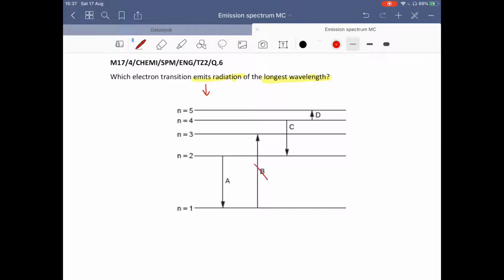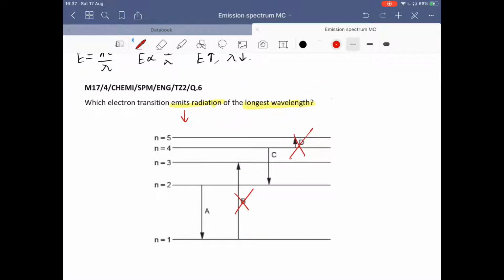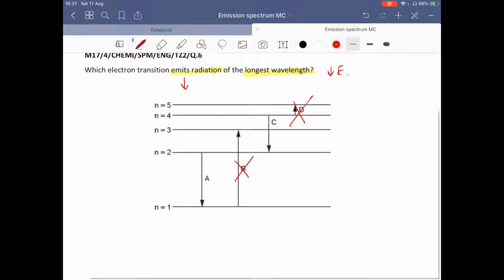So we can eliminate answer B and answer D, because these two are going up, absorbing radiation. And longest wavelength means lower energy. So lower energy means shorter distance. A and C. Of course, C has shorter distance. You can find it from the picture here. So answer is C.